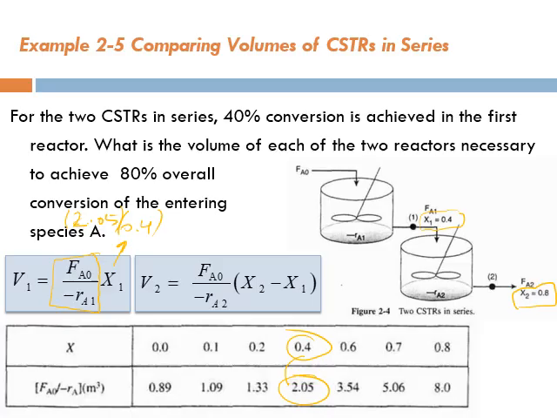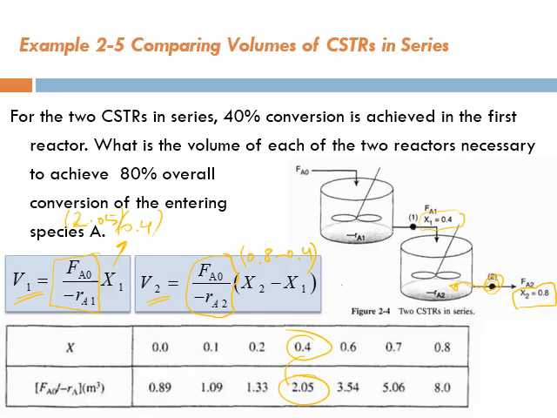What about V2? Well, V2, first we have to find X2. What is X2? It's 0.8 minus X1, which is 0.4, multiplied by the FA0 over minus RA, which is evaluated at X2, right, at the exit, correct? Because the exit condition represents the condition inside the reactor.